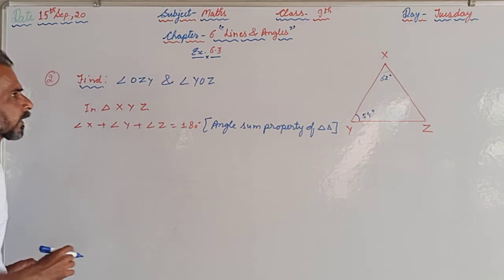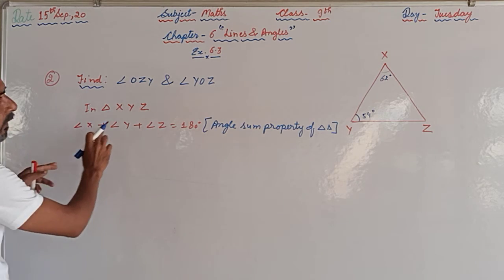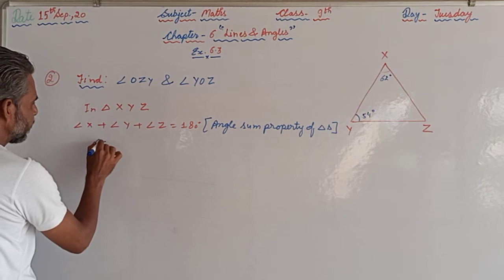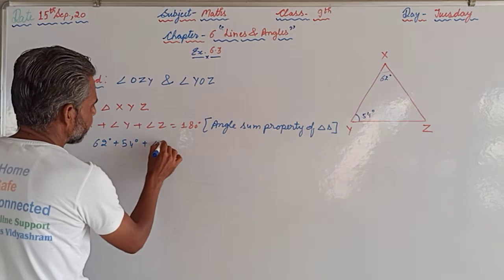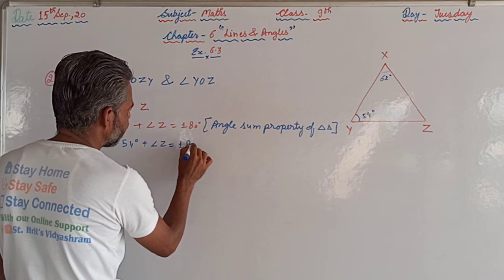The sum of the angles of a triangle is 180 degree. X and Y are given, that is 62 degree plus 54 degree plus angle Z is 180 degree.